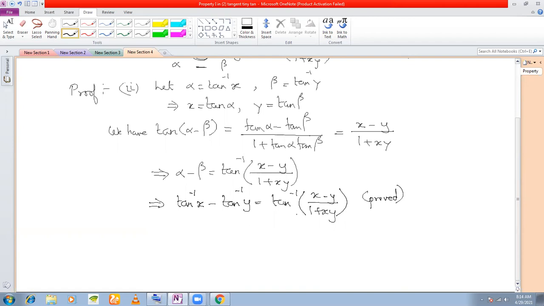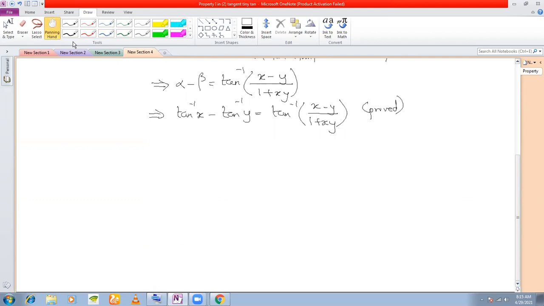Now what follows is an example of how to use this to solve a particular sum. Prove that this is a problem.